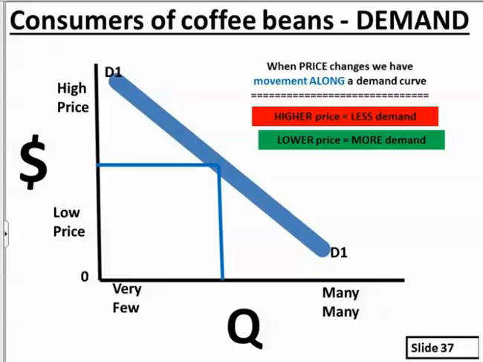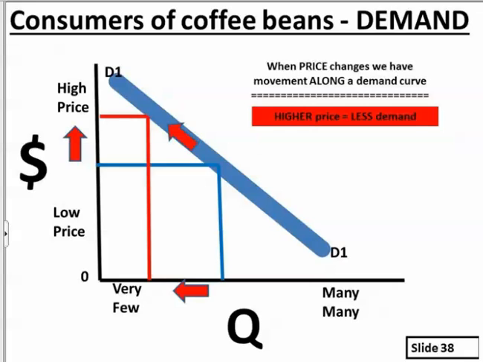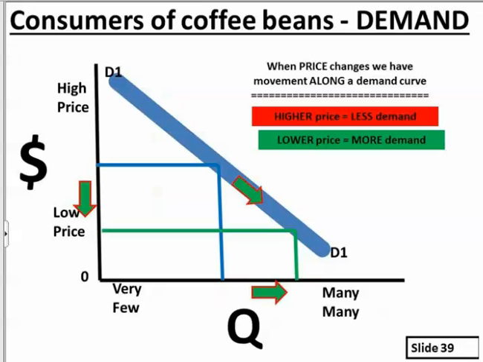Now, if you're looking at a supply and demand problem and they ask you something about the demand and they tell you there's been a change in price, then you know that you're going to keep the existing curve, but you're going to have some movement up or down it. Now, I will tell you, most of our problems are not going to be that way. Okay? That just shows what the changes are.